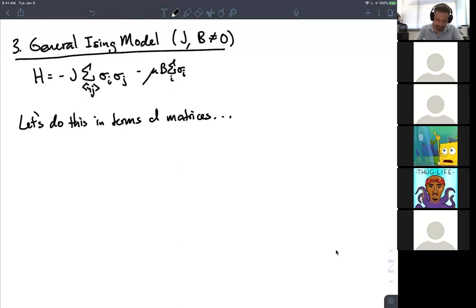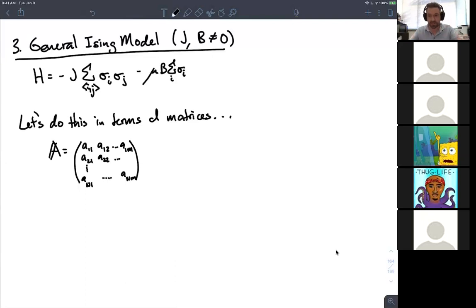All right, so let's say we got a matrix A. That's just a collection of elements that look like this: A11, A12, A1M, and A21, A22, down to A2M, down to AN1. Okay, so a matrix is just a collection of elements like this.